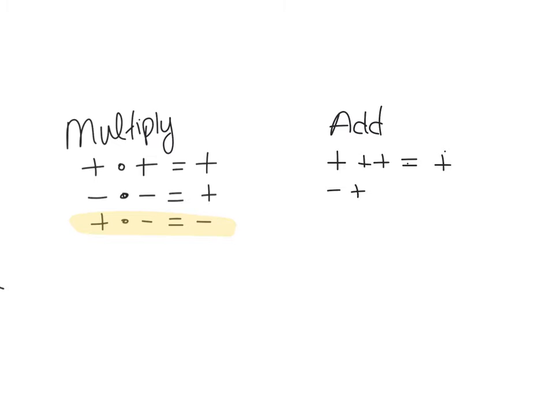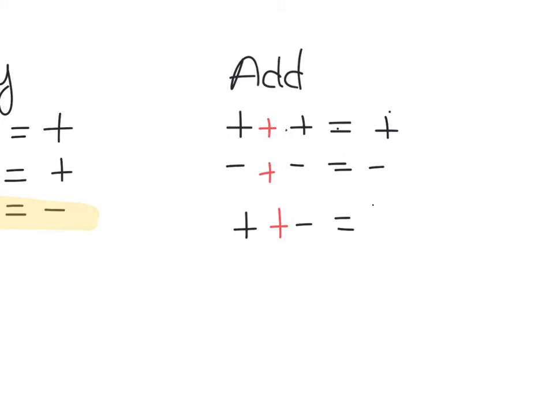And a negative plus a negative is going to be a negative, right? Easy, okay? But whenever you have a positive and a negative, you keep the sign of the bigger number, right?